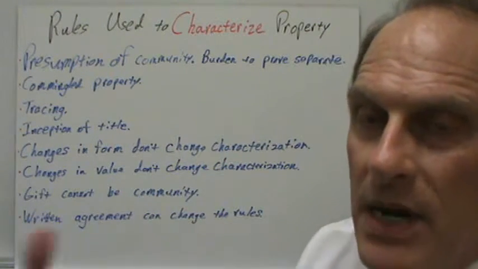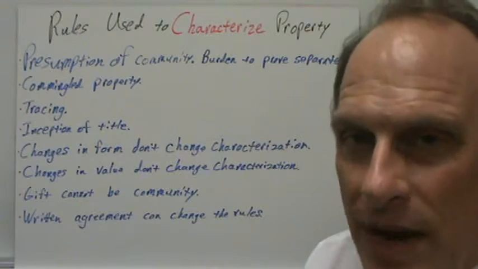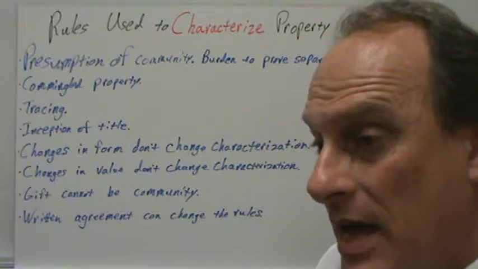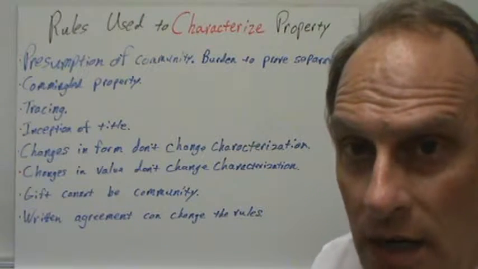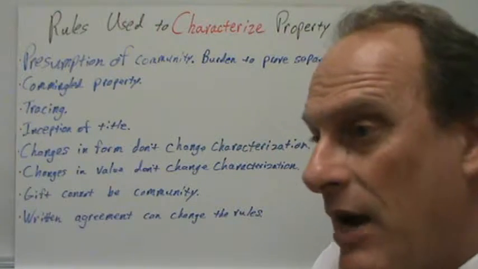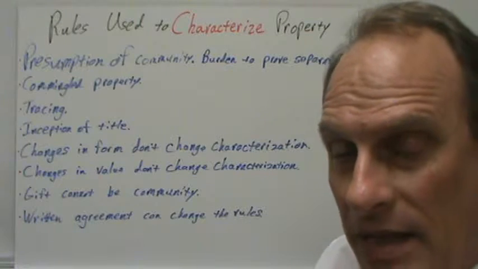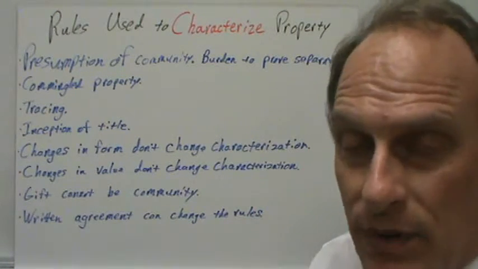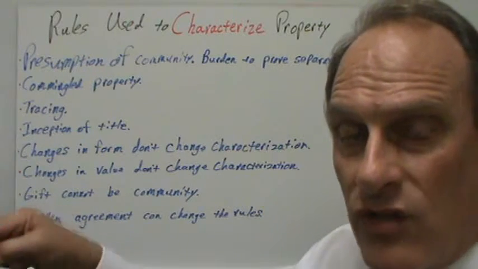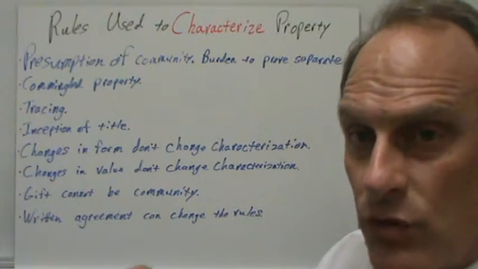If I've got money I got from my grandmother in a will, that's separate property. If I spend that money on a car, that's separate property. I get married, and then while I'm married, I sell the car and buy a boat with that money. That boat is going to be separate property as long as I can trace all those financial transactions.